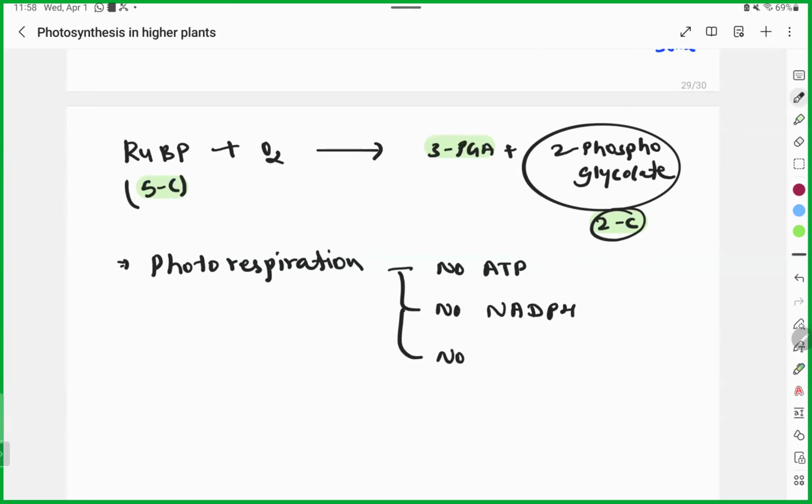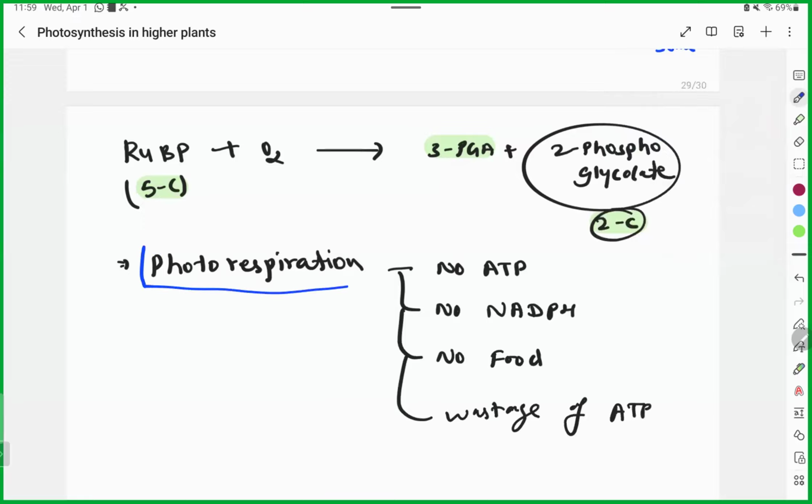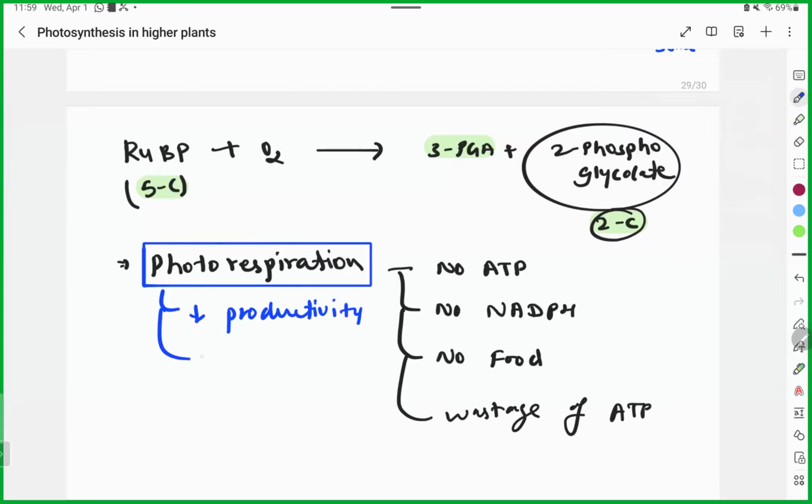Instead, there is a wastage of ATP. So wherever photorespiration process is present, productivity will be reduced. That's why it is present in C3 plants, absent in C4 plants.